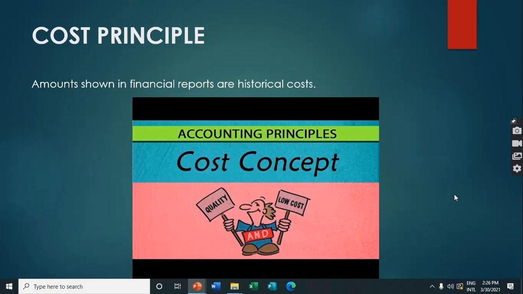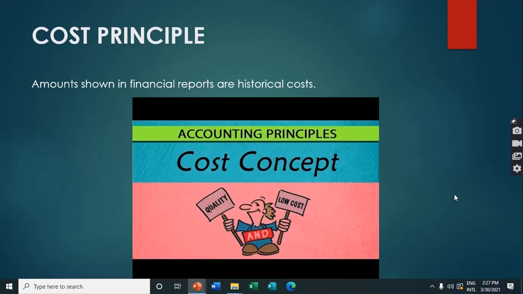Kahit anong mangyari, for example, kung nakakita ka ng accounting report noong 2010, yun talaga siya. Kung magkano siya noong 2010. So, we do not adjust it for inflation.